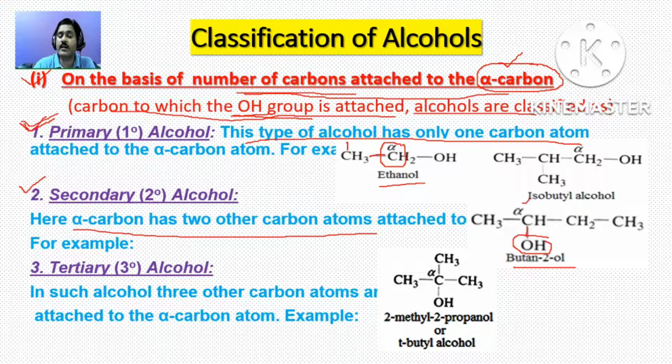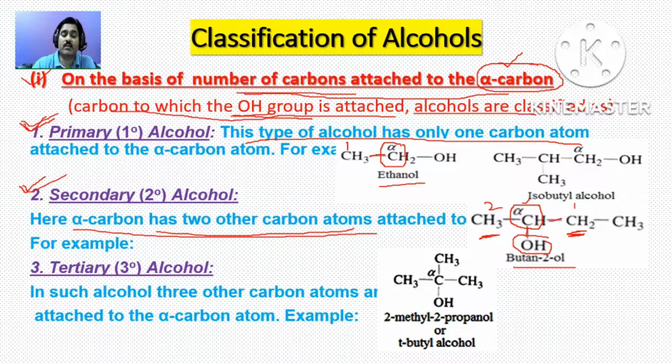Here the alpha carbon atom is attached with carbon number 1 and carbon number 2. So if the alpha carbon atom is attached with two carbon atoms, that is called secondary alcohols, second degree alcohols.